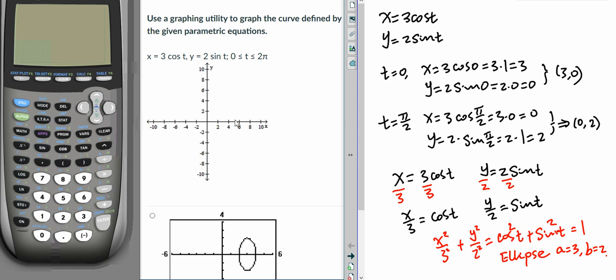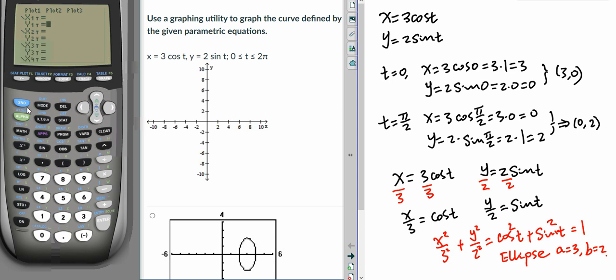Okay. Now, on the TI-84 calculator, how to do that? Again, you turn on your calculator, and here you want to click on Y equals. And then again, you want to be in this state.